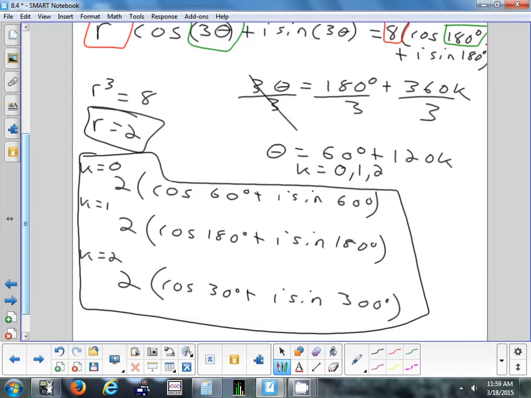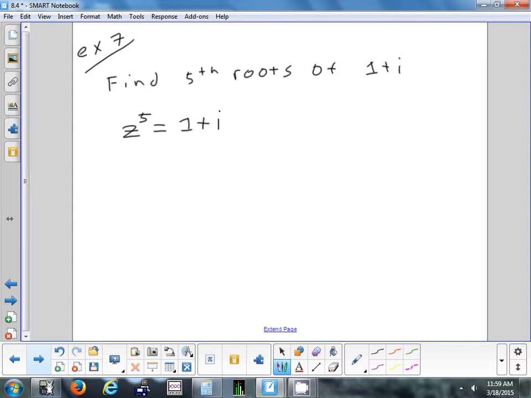Okay, so the last one, we'll set it up. I don't think we're going to get through all 5 answers, but at least if you can see how to set it up, the last part is just letting k equal 0, 1, 2, 3, 4. Okay, anybody tell me, what am I going to put on the left-hand side? It's going to be r to what power?